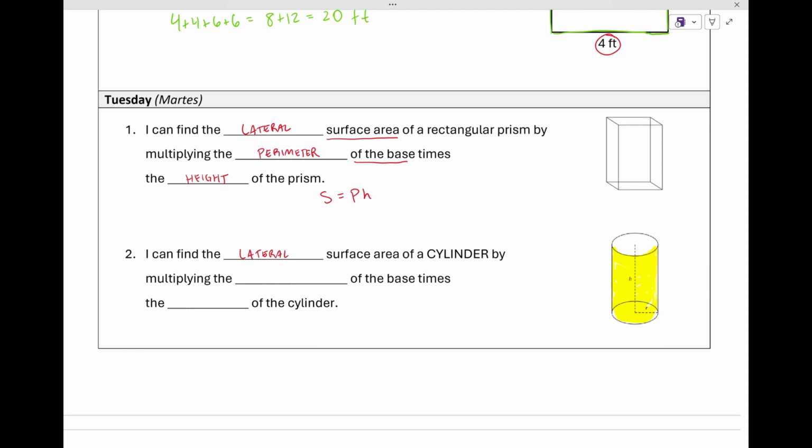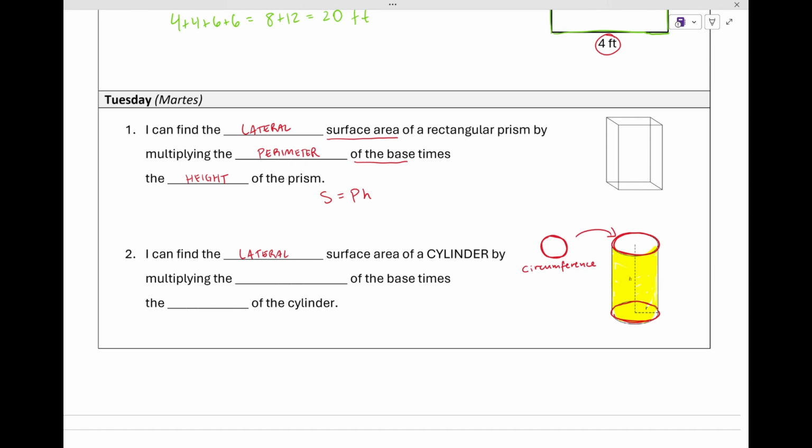To get this, we want to multiply, again, the perimeter of the base times the height of the cylinder. Now, for a cylinder, the base is actually a circle, right? The perimeter of a circle, we have a fancy word for that. We actually call that the circumference.